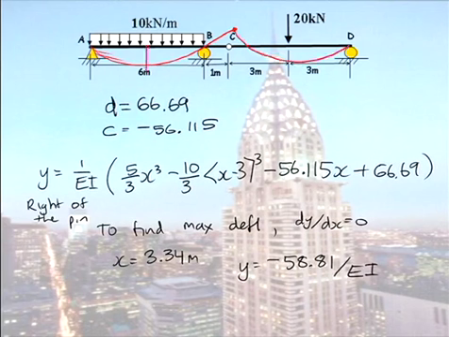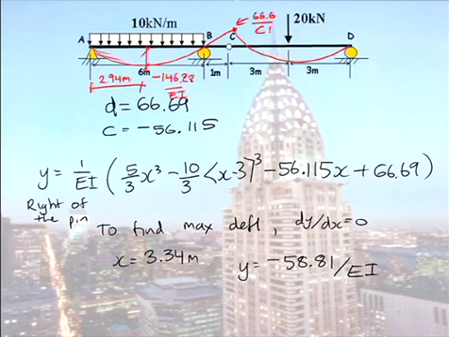And this maximum deflection here occurs at 2.94 metres and has a value of that. And up here, we calculated our deflection was 66.6 on EI. And then our final maximum deflection here has a value of minus 58.